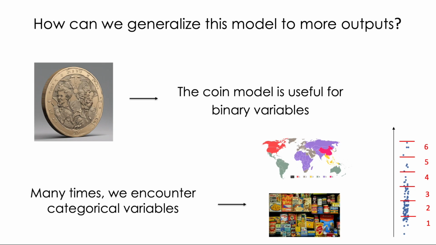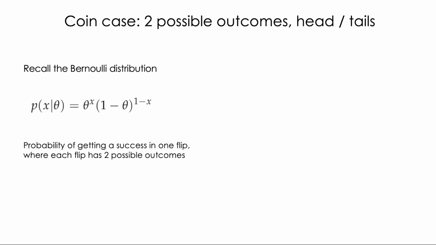Well, turns out it's very straightforward. Remember, it all started with the Bernoulli distribution, that is the probability of getting a success after one flip, and we had 2 possible outcomes. Note that we could rewrite the same equation this way, which is exactly the same. The main difference is that instead of having theta and 1 minus theta, we have theta 1 and theta 2.